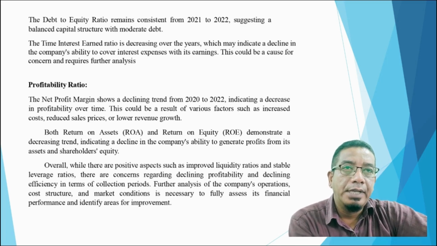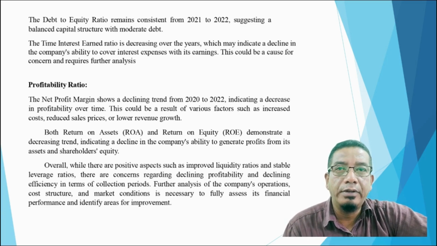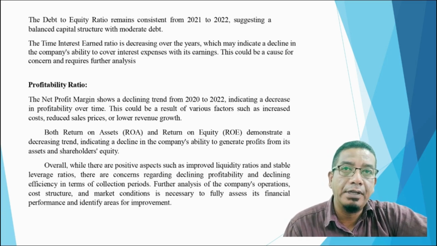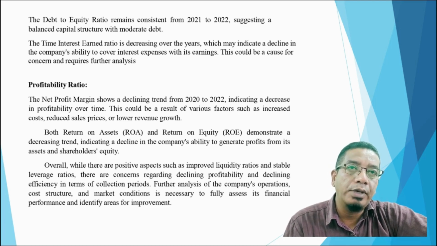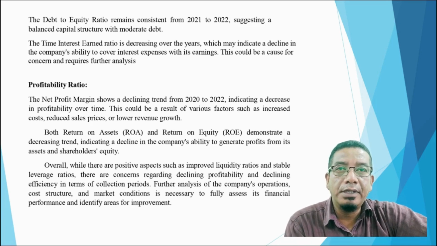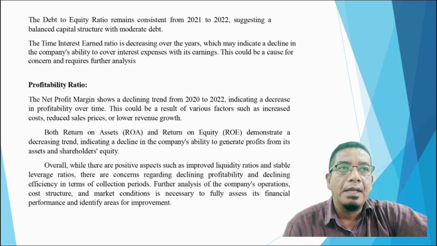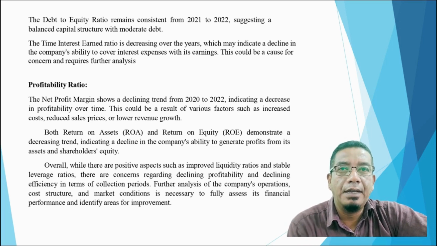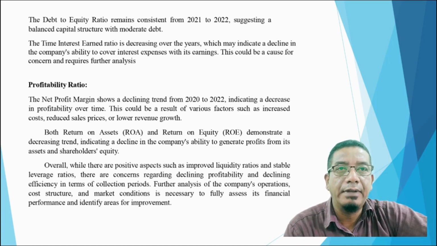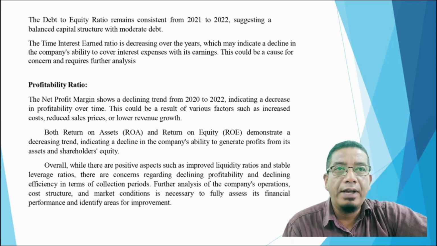This implies that the company is generating more revenue from its fixed assets in 2022 compared to the previous 2 years. The inventory turnover ratio remains relatively consistent over the analysis period, indicating effective management of inventory levels.